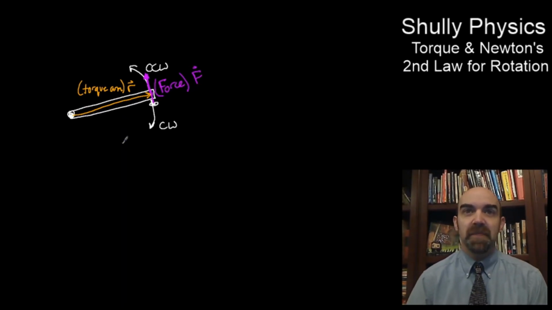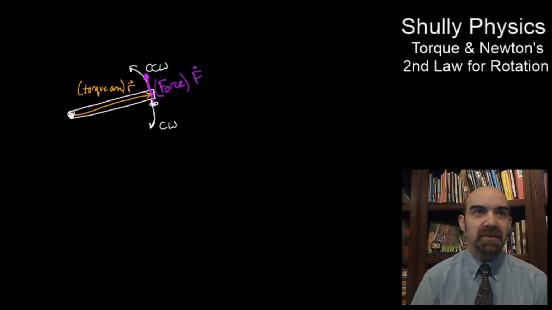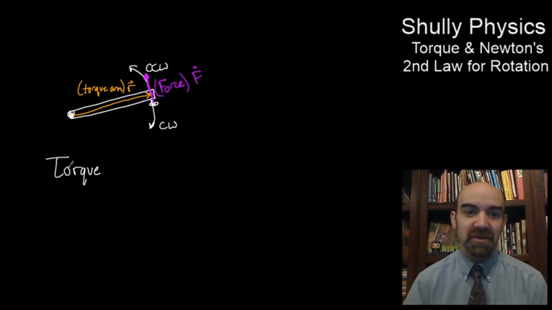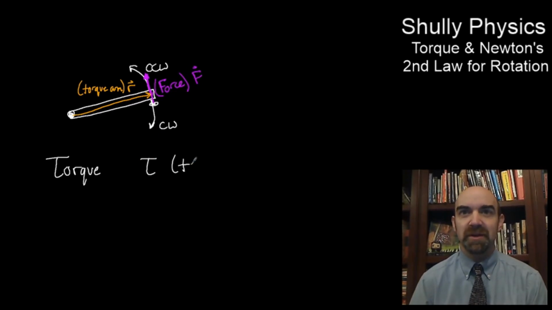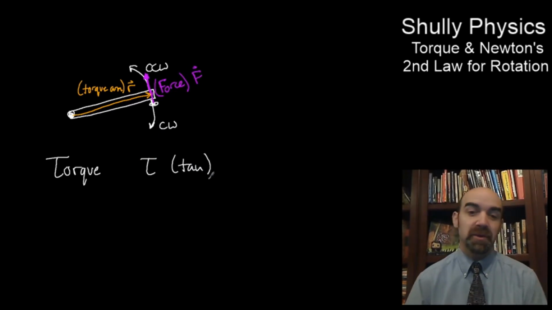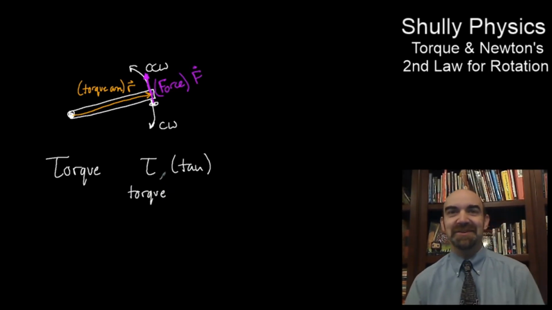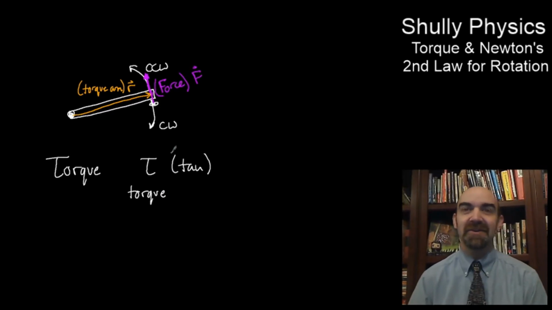Okay. And our topic today, which I really haven't written out here just yet, is called torque. And I wrote that with a funny T because that's the symbol tau. It's a Greek letter tau. Lowercase letter, it stands for torque. I'll go ahead and write that so it looks a little normal here. So torque is tau.